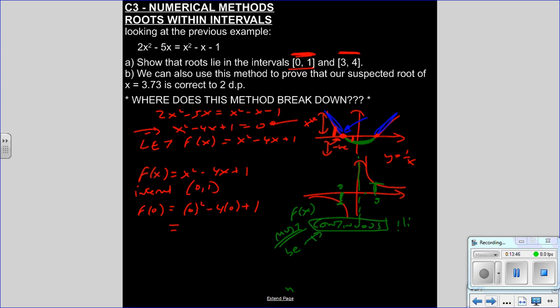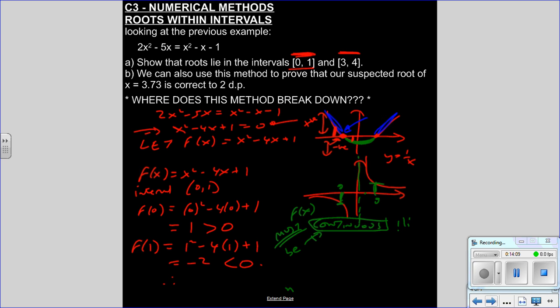So f of 0 is 0 squared minus 4 times 0 plus 1, so that's 1. So this is positive. So we're saying when x is 0, we have a positive y value. If I now whack in f of 1, 1 squared minus 4 times 1 plus 1, so that's 2 minus 4 is minus 2, which is less than 0.